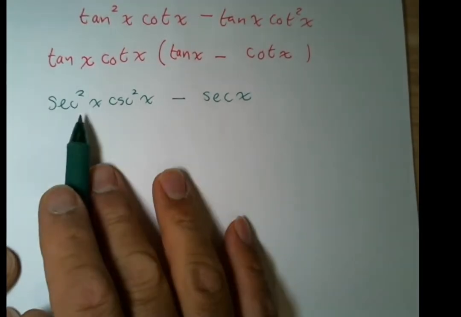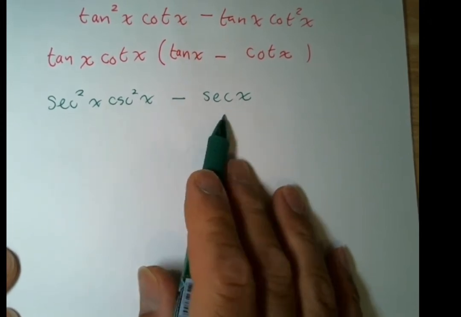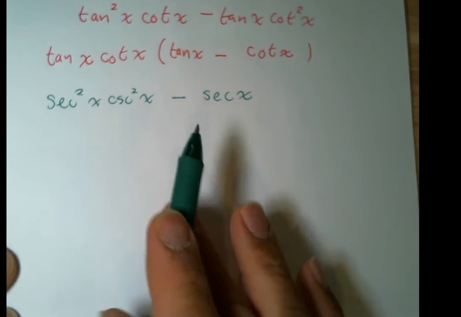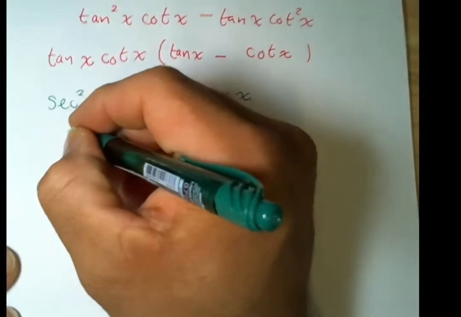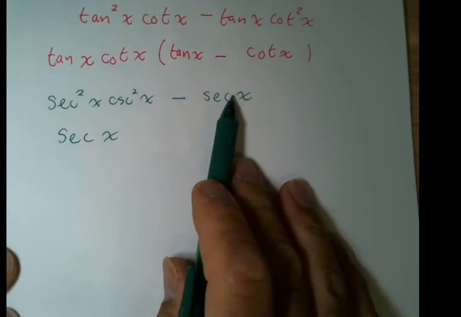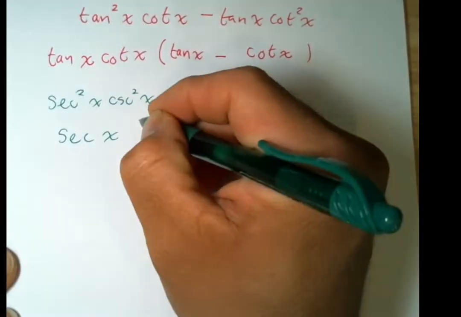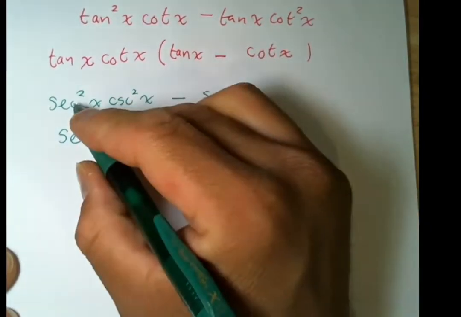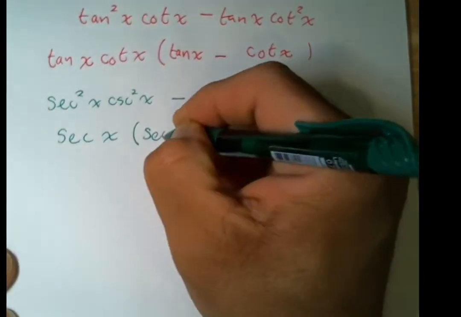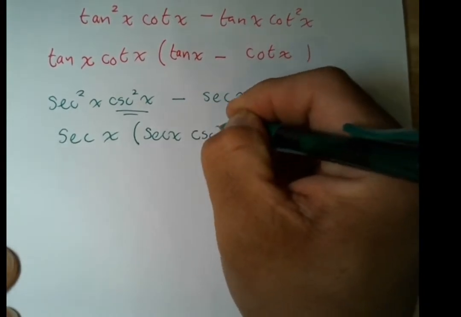This has secant squared, cosecant squared. This has secant. Remember, it has to be common in both. So the only common factor is secant x, to the first power, because we just take the lowest of the powers. This one's 2, this is power 1. So what's left? There's one factor of secant x, and this I didn't factor out, so it remains the same.